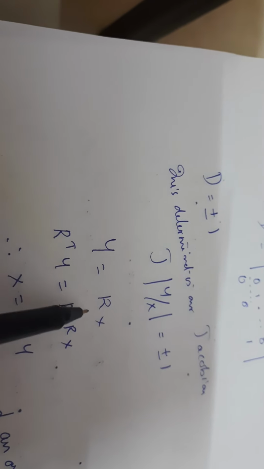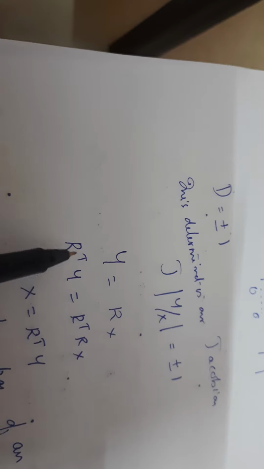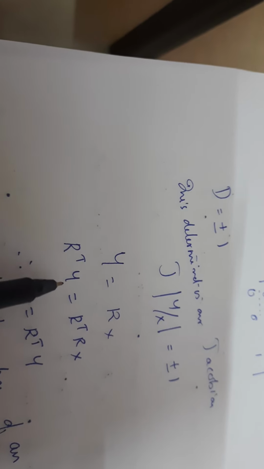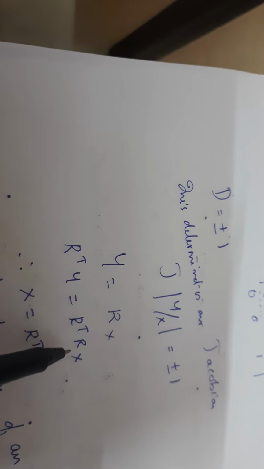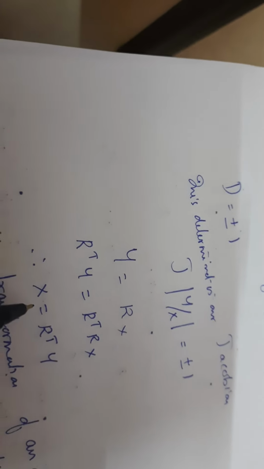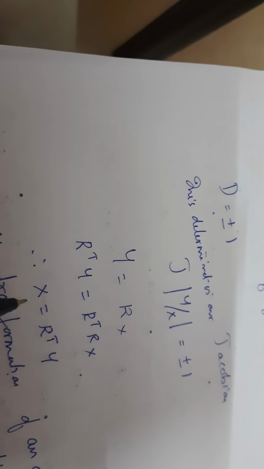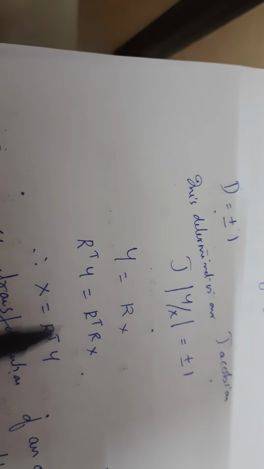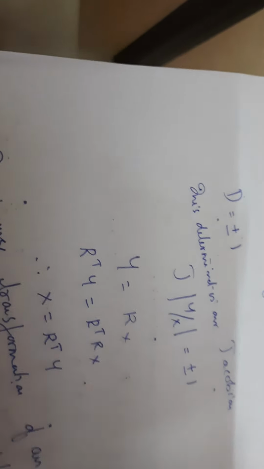And our function is y equal to Rx. If I multiply with R transpose on both sides, R transpose y is equal to R transpose R x. Here R transpose R is 1, right? So x is equal to R transpose y.